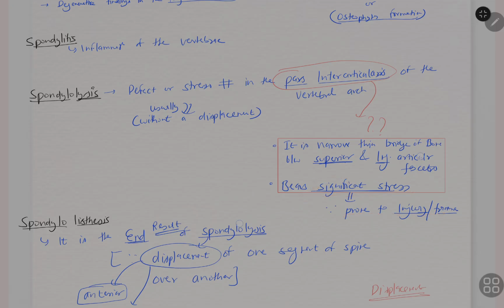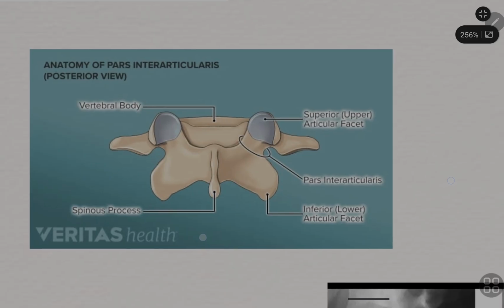If you understand it with the diagram, this is your vertebral body. You are seeing it from the posterior side. It is your spinous process, superior articular facet, inferior articular facet, and in between you have the pars interarticularis. This pars interarticularis is connecting them.